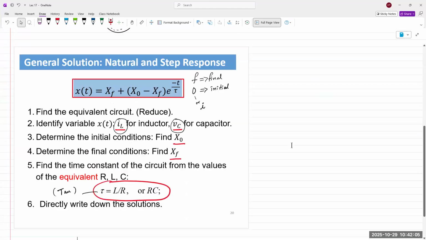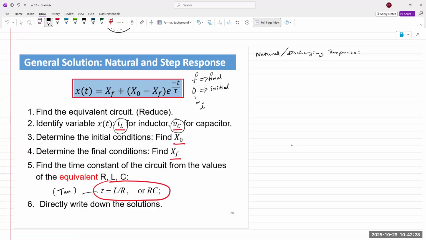Okay, so here's how it works for discharging. Natural or discharging response.